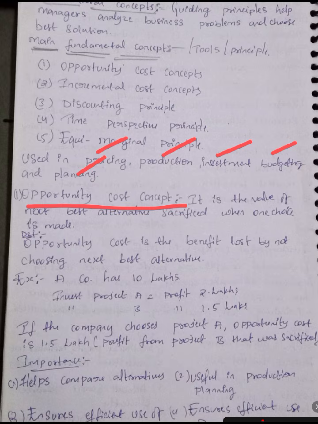Opportunity cost is the value of the next best alternative sacrificed when one choice is made. It is the benefit lost by not choosing the next best alternative.